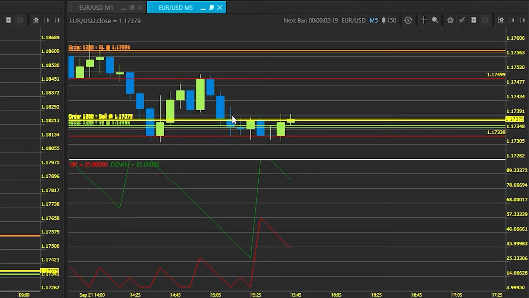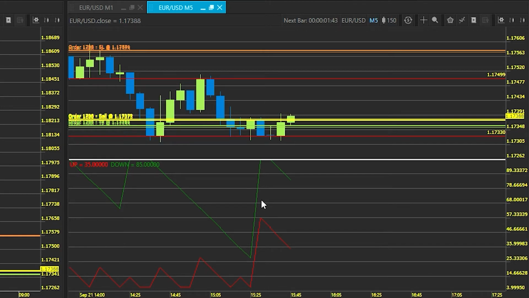So, if we were to place a sell, for example, and the take profit was below this red line, you would have a more difficult time taking that pip. So if something like that were to happen, you would want to take your take profit and move it above that red line, or below the red line if you're placing a buy.